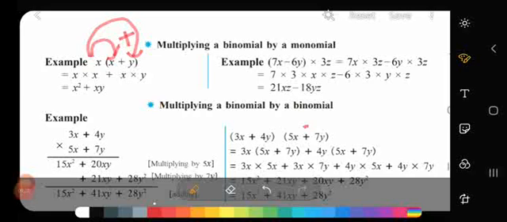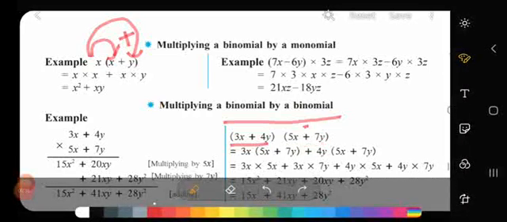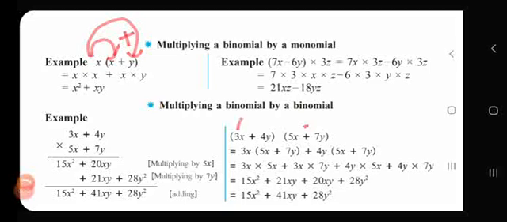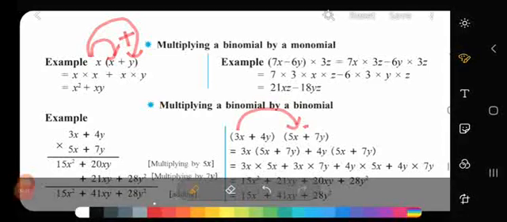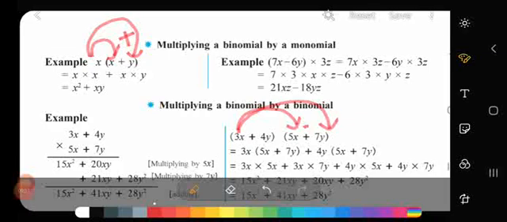Now for binomial into binomial, see, this is the first binomial, this is the second binomial. Now what are the steps? From the first term of the first binomial, multiply the first term of the second binomial, then by the same term multiply the second term of the second binomial, as addition is there, addition sign.